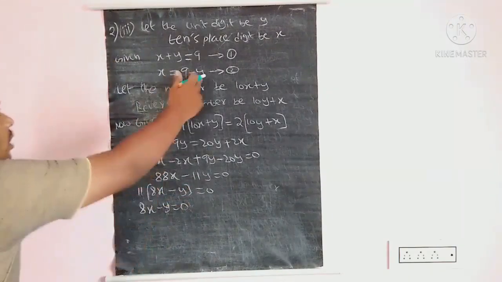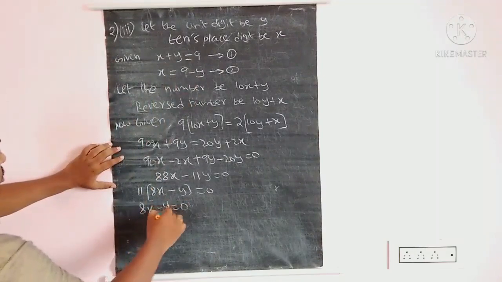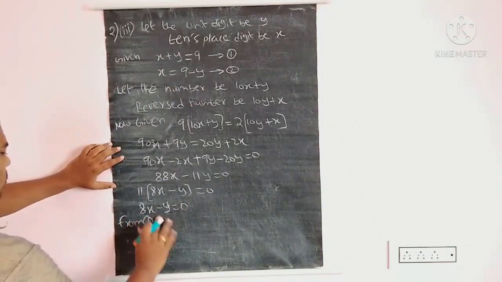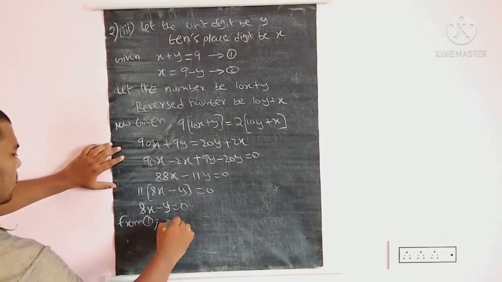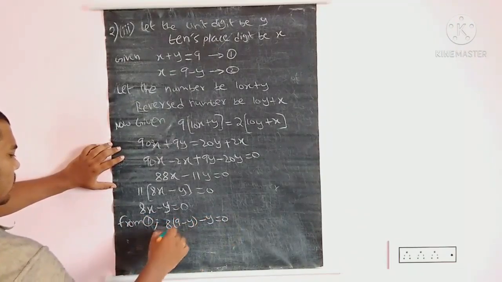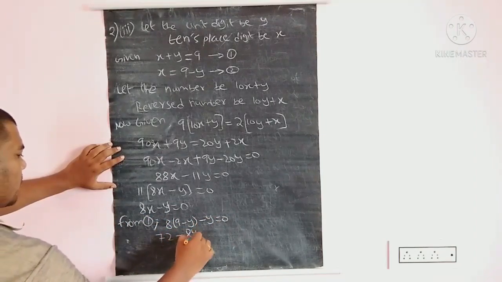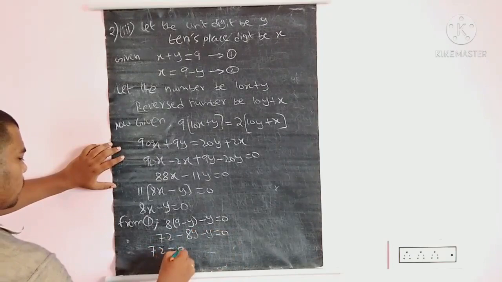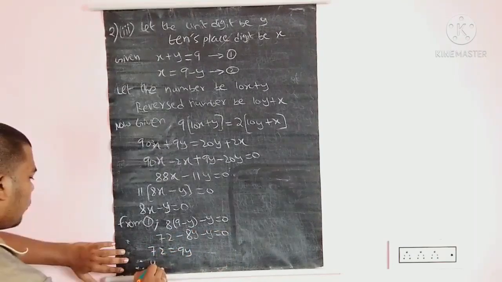For x, we already got 9 minus y from equation 1. So we can write 8 times 9 minus y equals 0. 72 minus 8y equals 0. 72 equals 8y, so y equals 9... y is equal to 8.